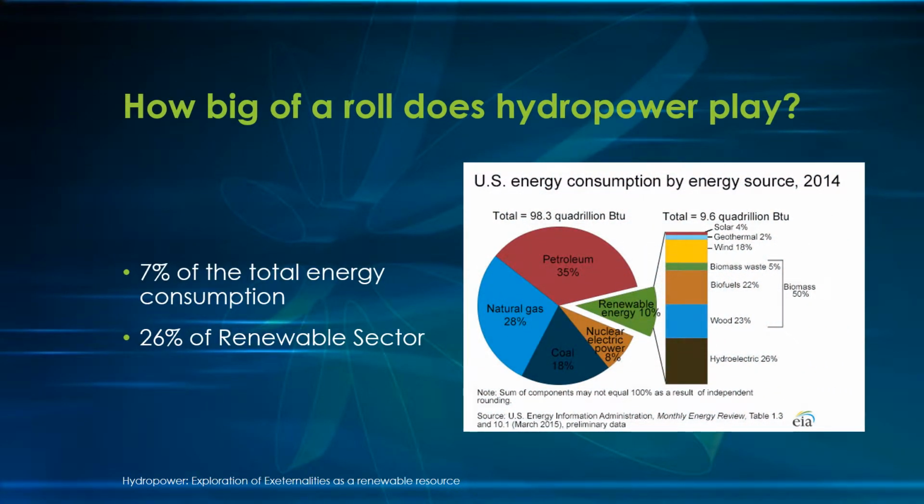Hydropower, on the other hand, only makes up about 7% of our total energy consumption. When you compare hydropower to other sources of renewable energy, it actually makes up about 26%. This makes hydropower our greatest source of renewable energy. As we look to shift away from detrimental fossil fuels, hydropower could be the answer we are looking for.